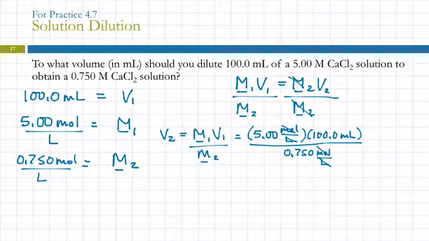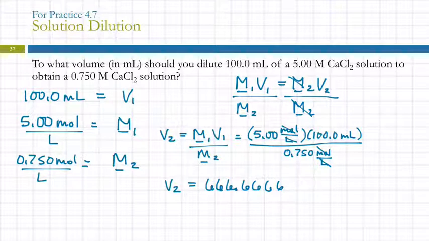So now I just do the math. 5 times 100 divided by 0.75 equals. And I get this number, 666.6666, and it just keeps going. And the unit would be milliliters. How many sig figs should my answer have? 3.